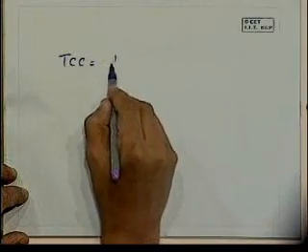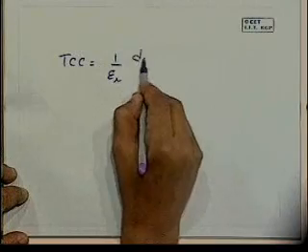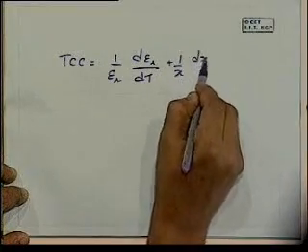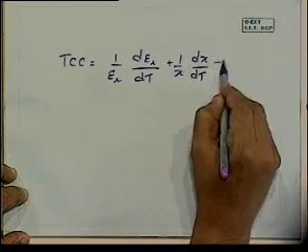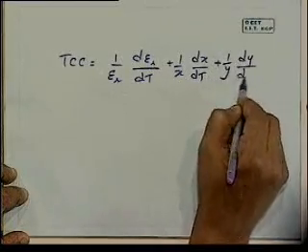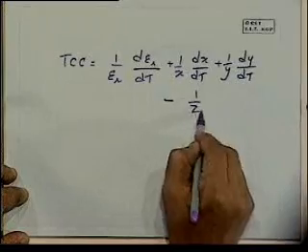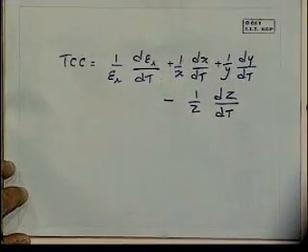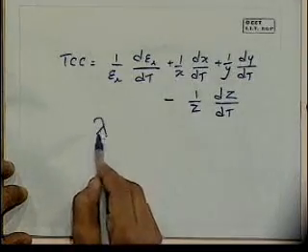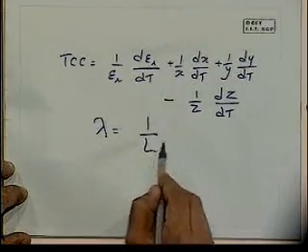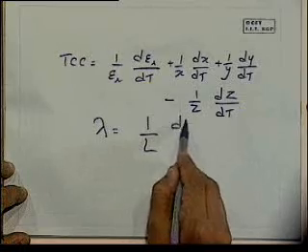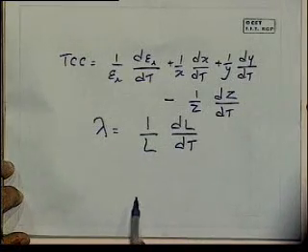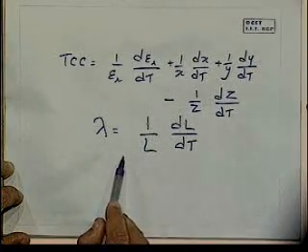I'm not going to go into it simply for lack of time, but you can show it. It's too simple. Plus 1 by x dx by dT plus 1 by y dy by dT minus 1 by z dz by dT, because of the z being in the denominator there. Now we define that lambda, which is the thermal coefficient of expansion, is 1 by L dL by dT, where L is any dimension.